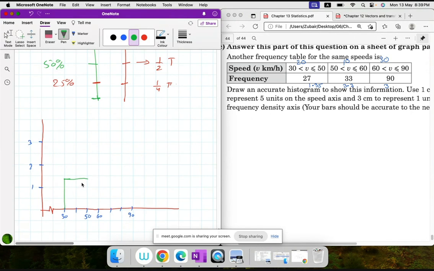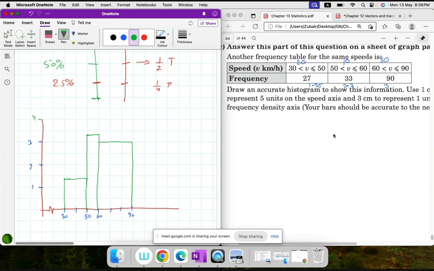Second height is 3.3, and the width is only 10. Last height is 3 and from 60 to 90.